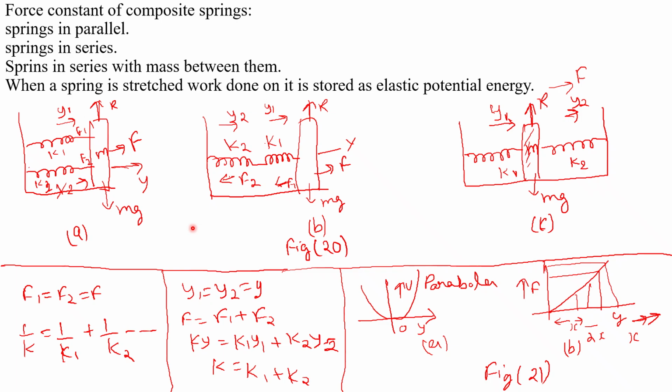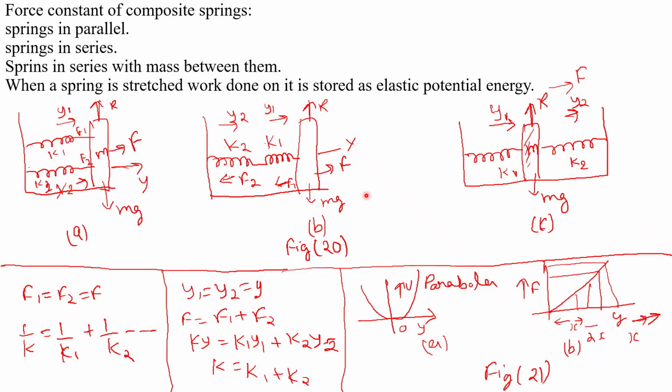But in series, as shown in figure B, as springs are massless, the force in each must be the same. That is F1 is equal to F2 is equal to F. Now as F is equal to ky and as the k's are not equal, the stretches will not be equal. y1 is not equal to y2.